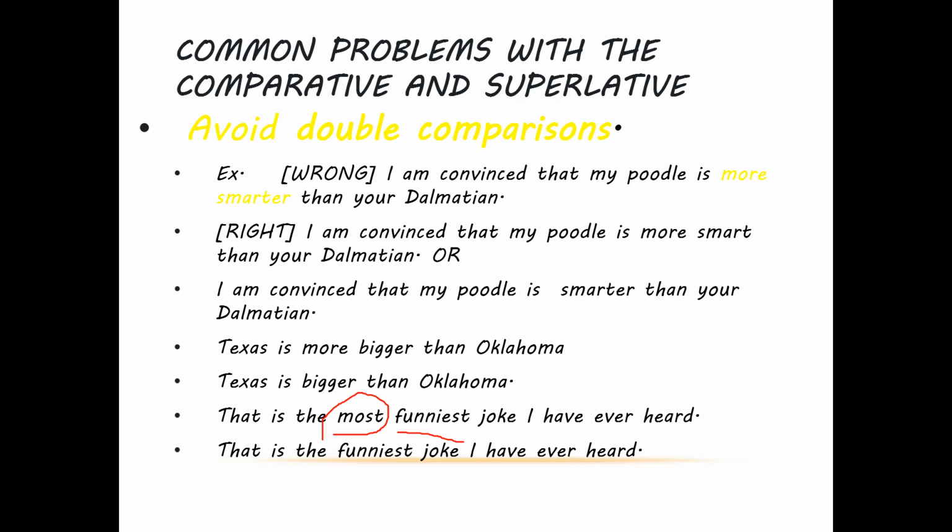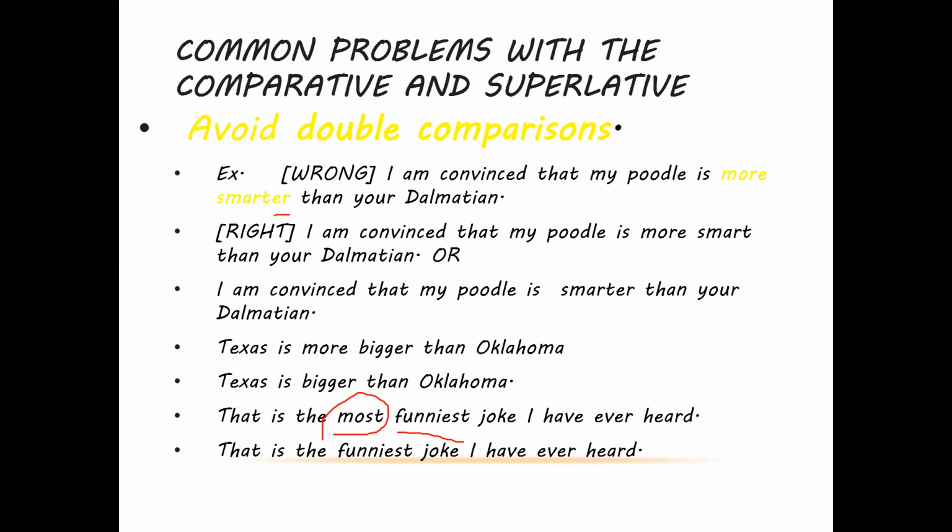Okay. So first example, I am convinced that my poodle is more smarter than your Dalmatian. Almost perfect. I think it just means that it's not yet perfect.